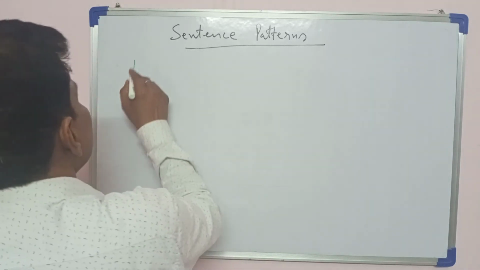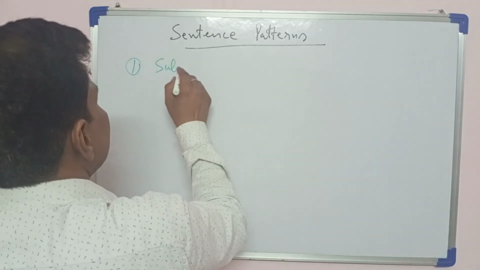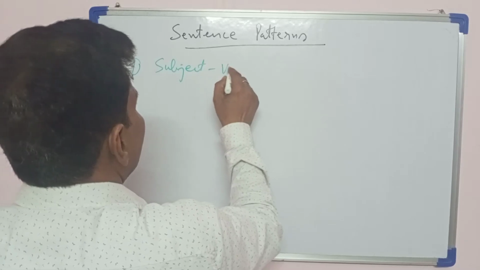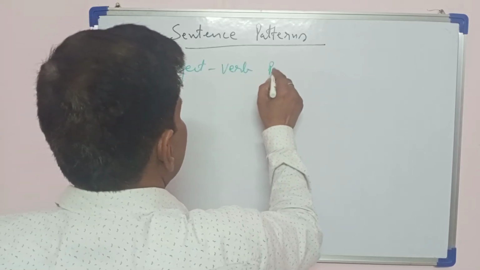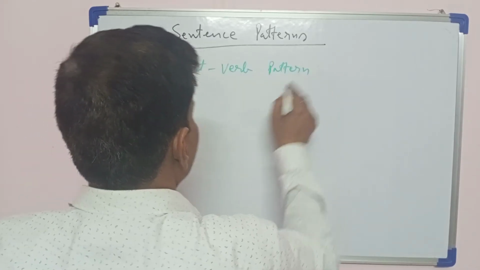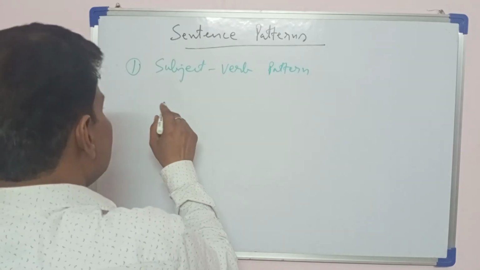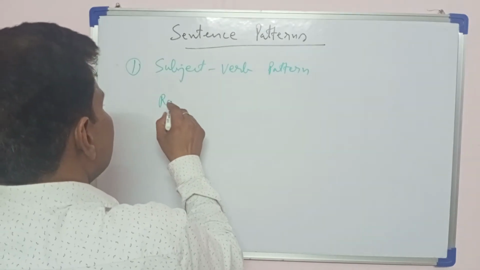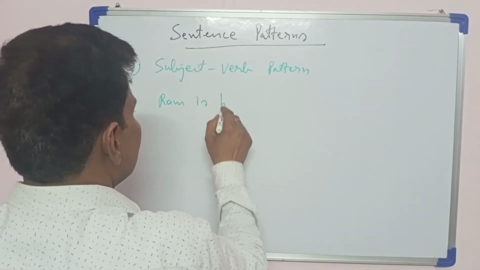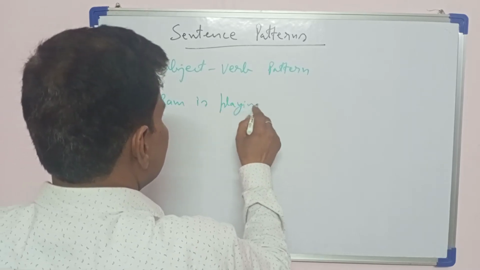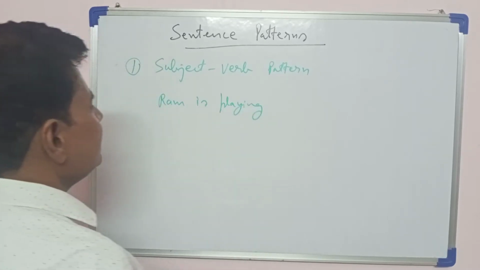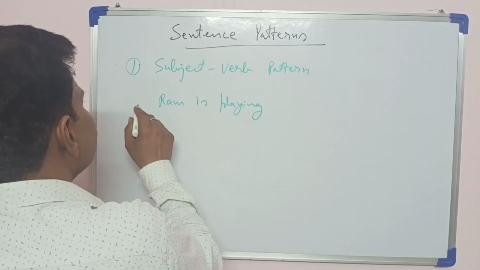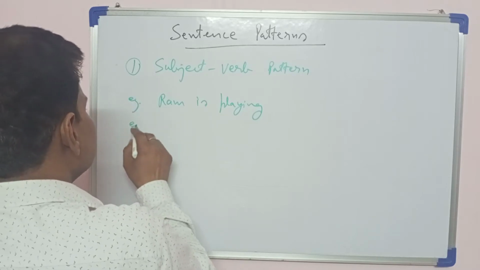So first one, subject verb pattern. For example, Ram is playing. Ram is playing. This is an example.